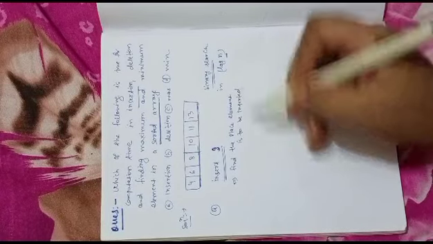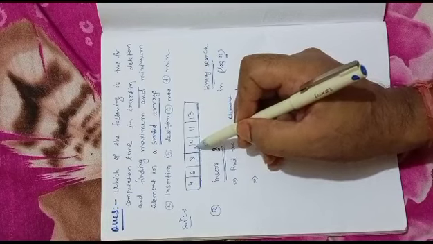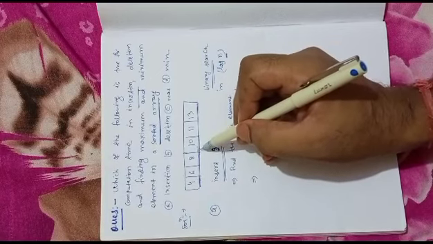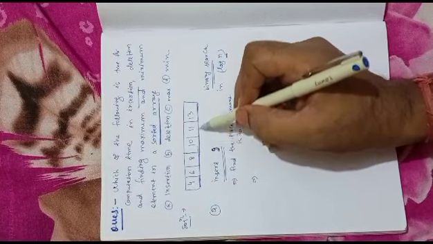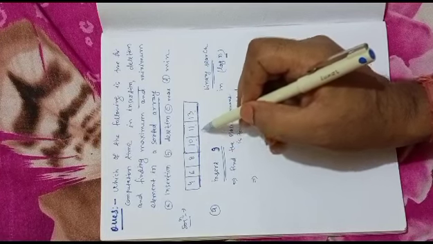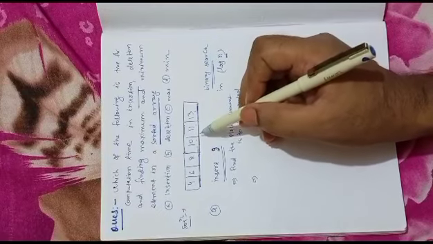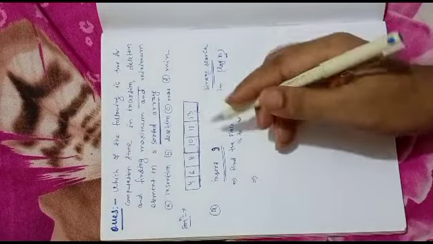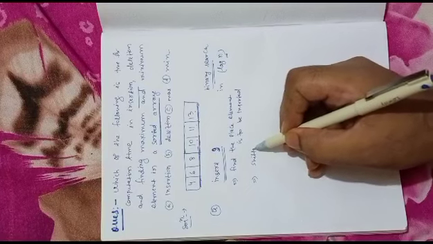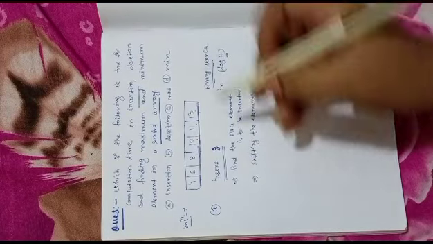Then another thing we have to do: suppose we find that 9 is to be placed after 8, but we can't simply put 9 there. We also have to shift the elements, because 10, 11, 13, these three elements will have to be shifted to the right.